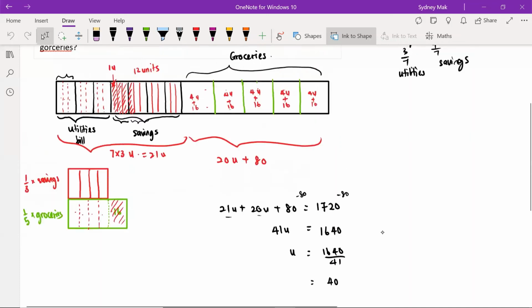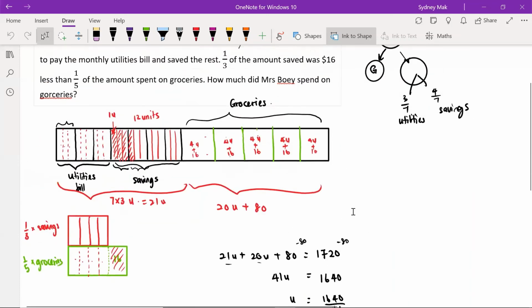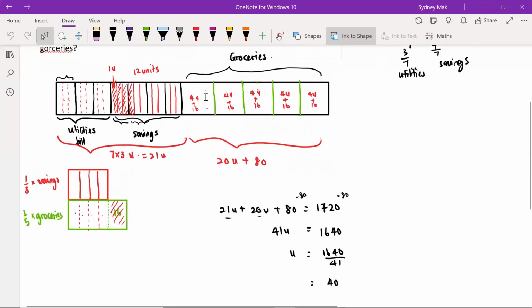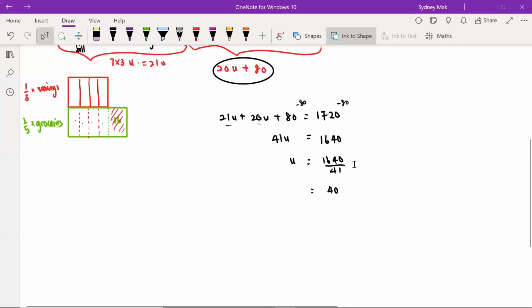And therefore, to answer the question, how much did Mrs. Boy spend on groceries? The groceries is 5 green units, and each green unit is actually 20 small units, U, plus 80.